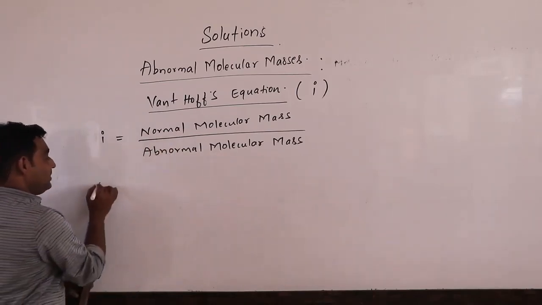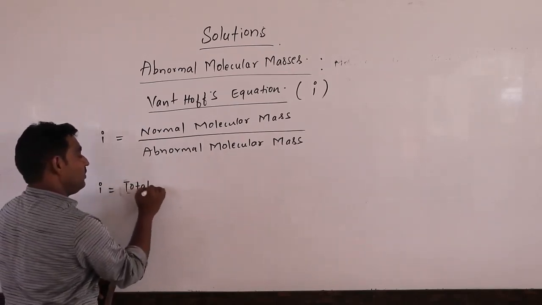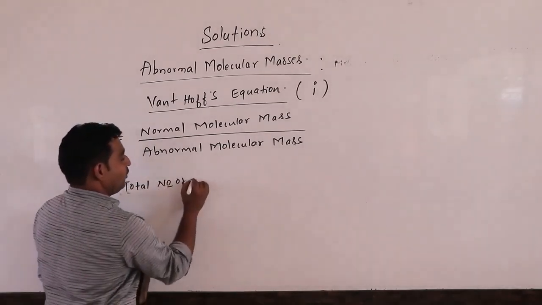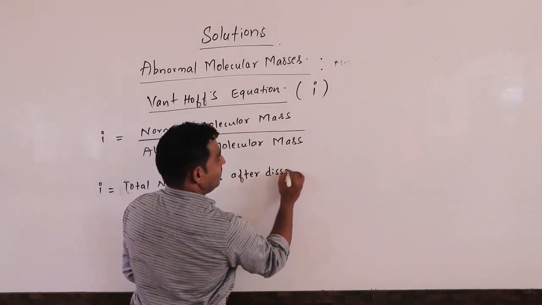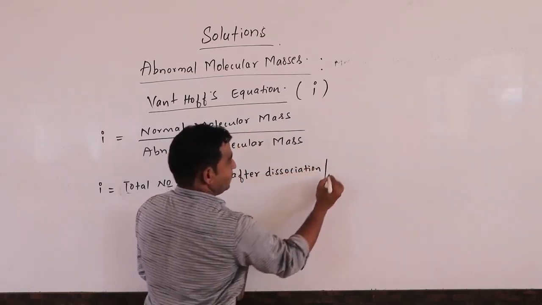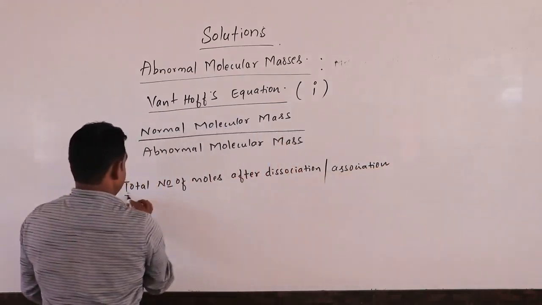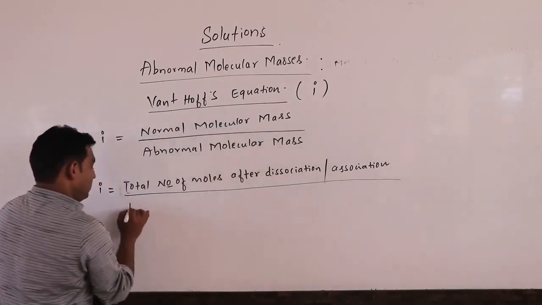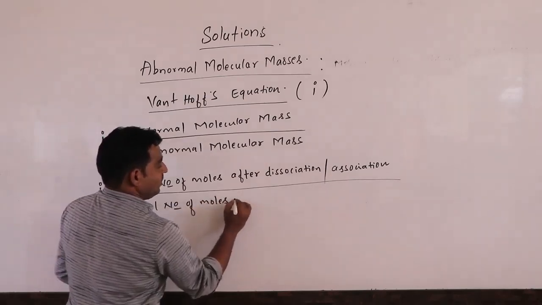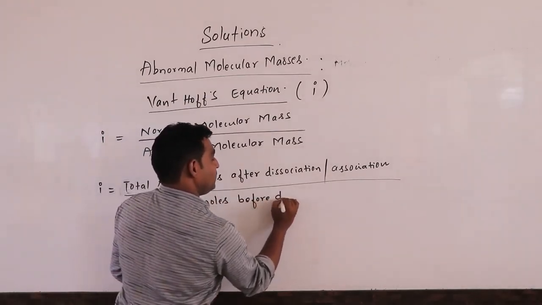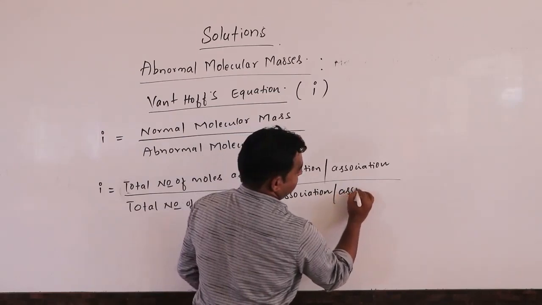Or you can say that this is the ratio between the total number of moles after dissociation or association to the total number of moles before dissociation or association.